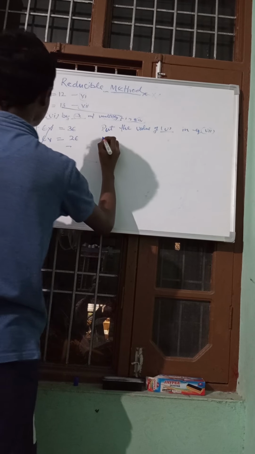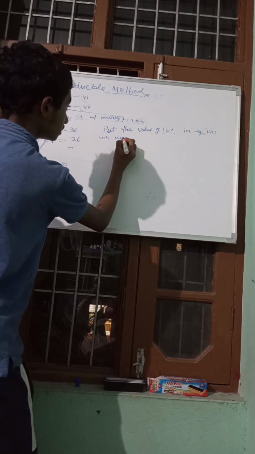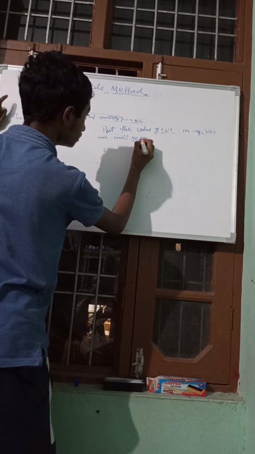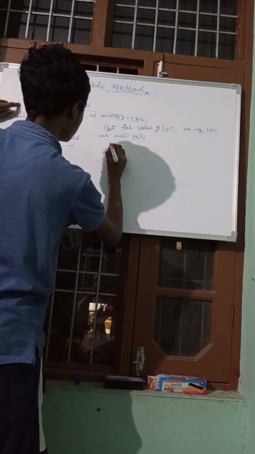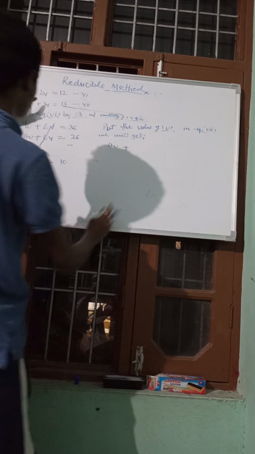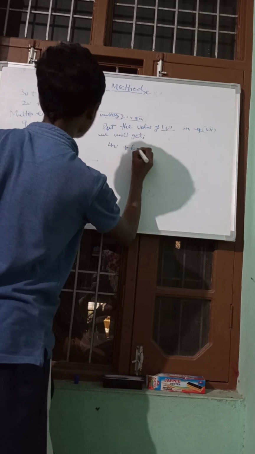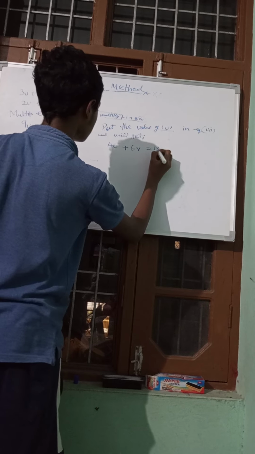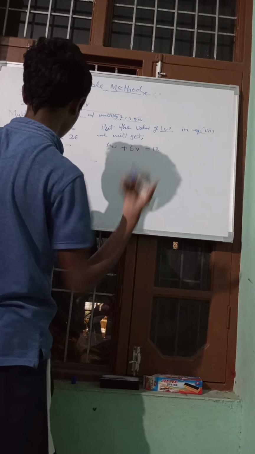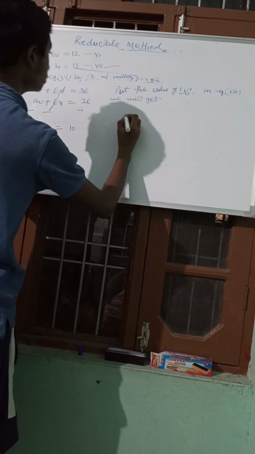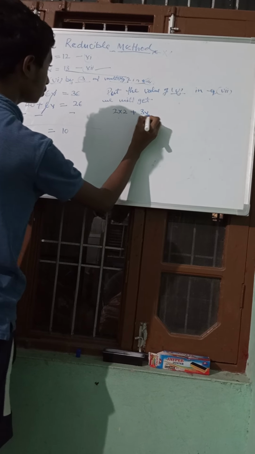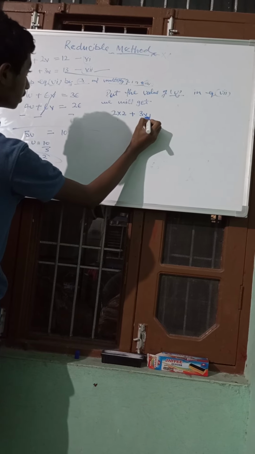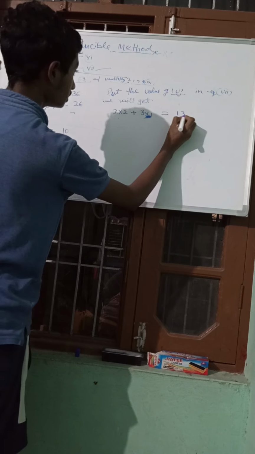Then we get 2 into 2 plus 3v, and we have to find the value of v, and it equals 13.